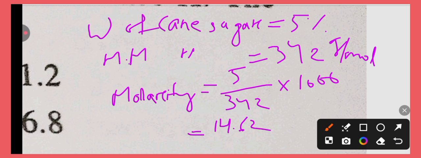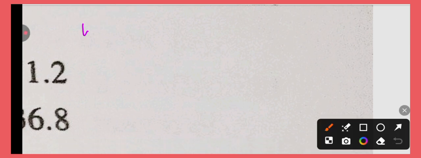Again, we need to calculate the molarity of substance X. Weight percentage of substance X is 1%.